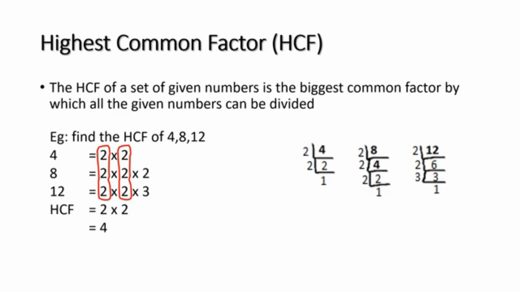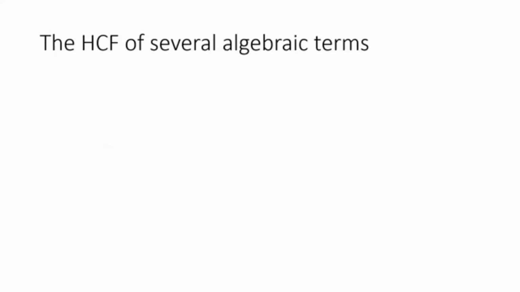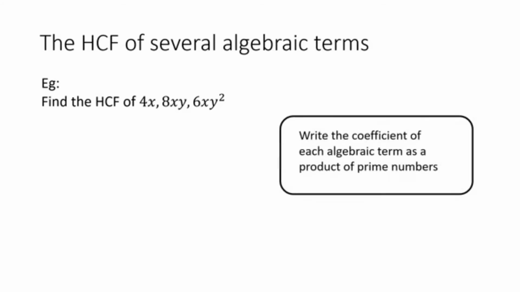Now let's see how to find the highest common factor of several algebraic terms. Now look at this example. We are going to find out the highest common factor of these three algebraic terms. So remember, the first step is to write the three algebraic terms in terms of their prime factors.